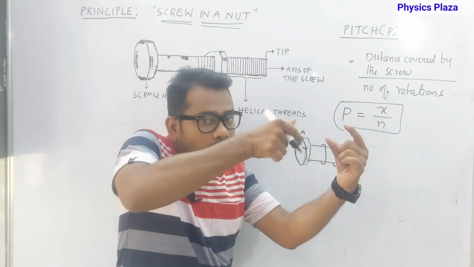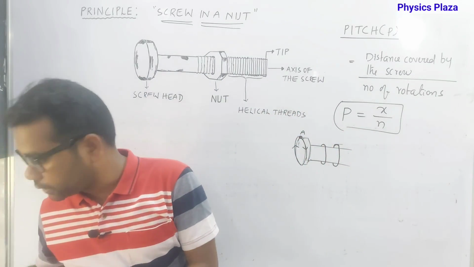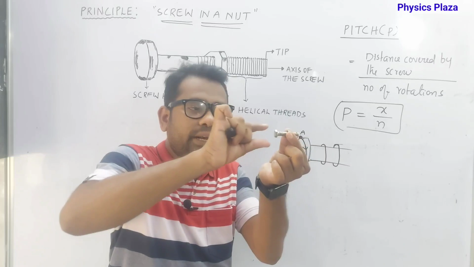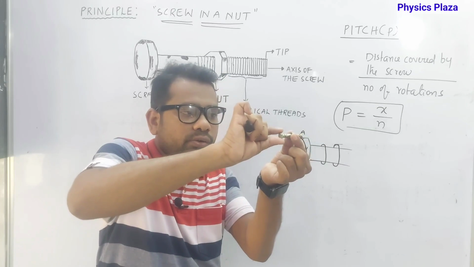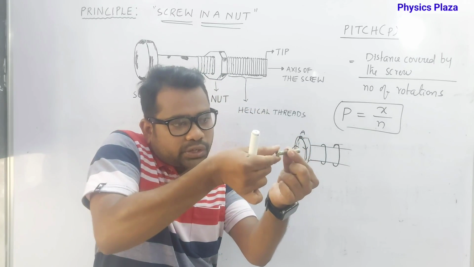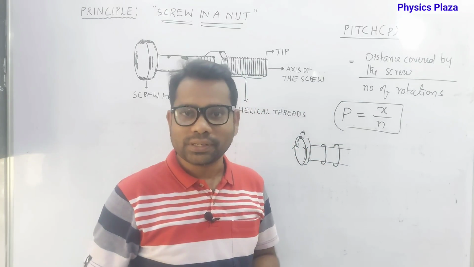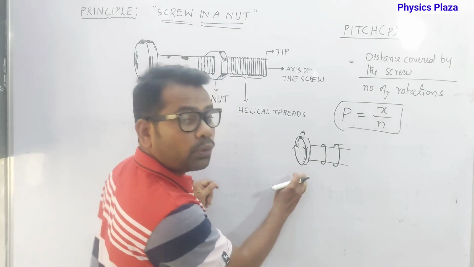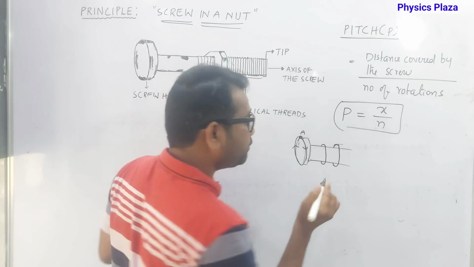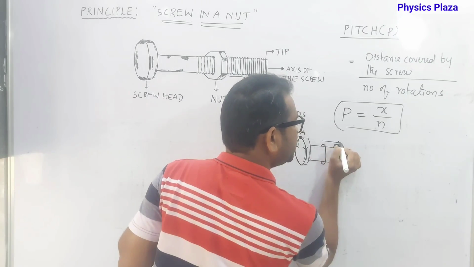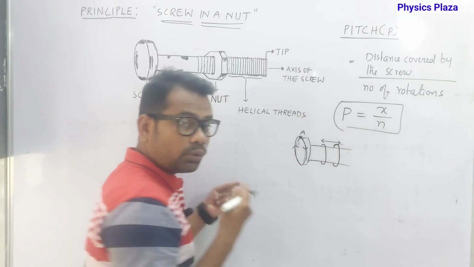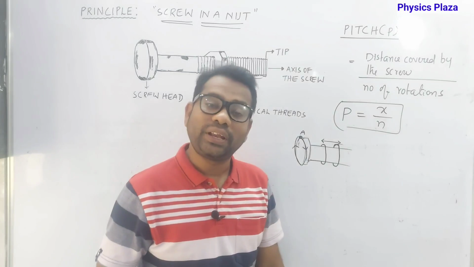For one complete rotation, again I'm telling you, children, look here. For example, here I'm holding like this. So complete rotation. When you make one complete rotation, children, you know what happens? The screw can cover a distance which is equal to the distance between two successive threads. Very important.